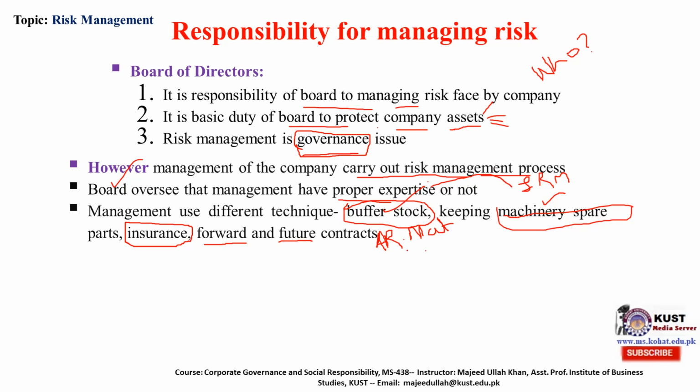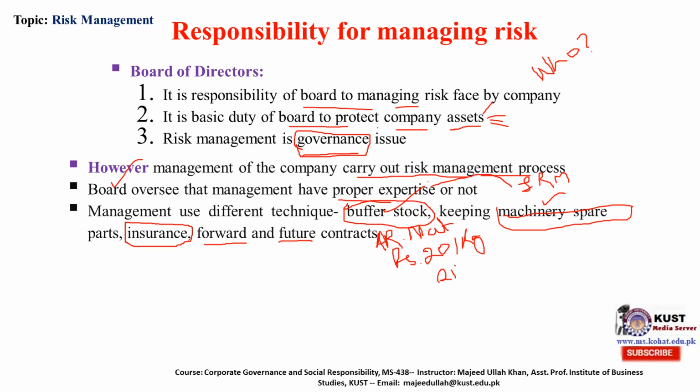Let's suppose there is one item that is 20 rupees per kg, and now the manager feels that it will move to 25, so he fixes it at 21.